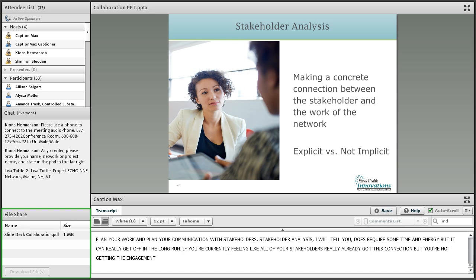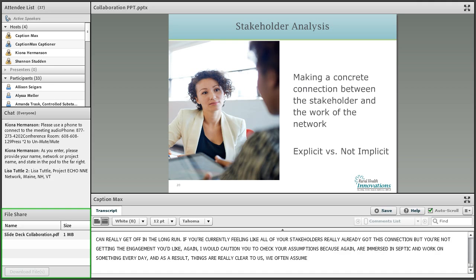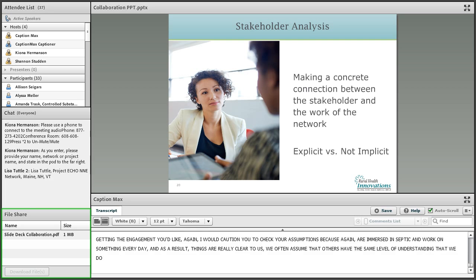So we're going to get into stakeholder analysis. There are a lot of versions of stakeholder analysis out there. I would love to have been able to show you the definitive way to do it, but the best method is really dependent upon the context.